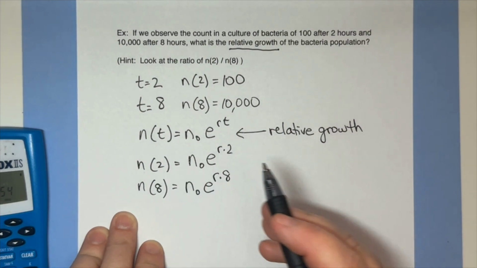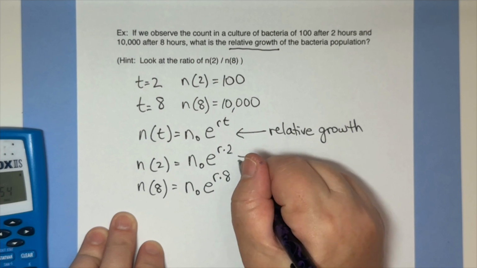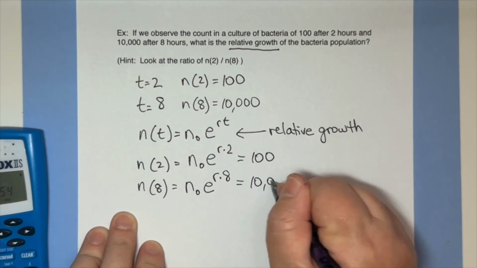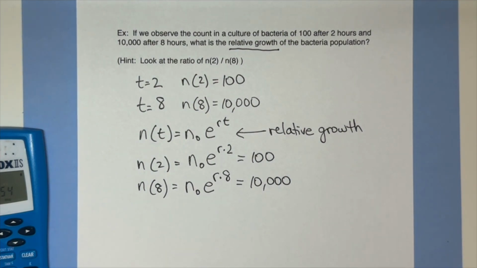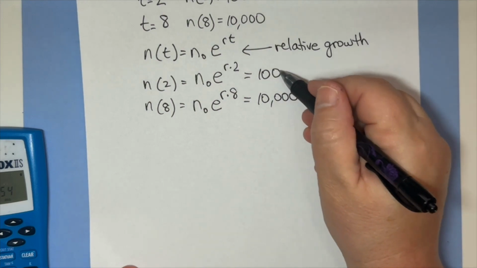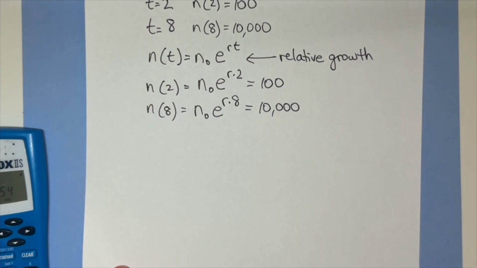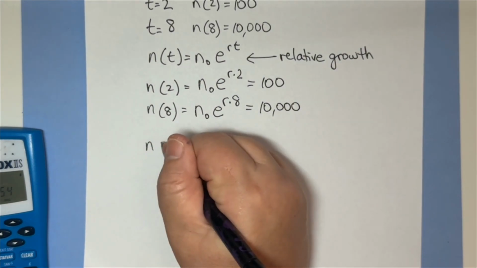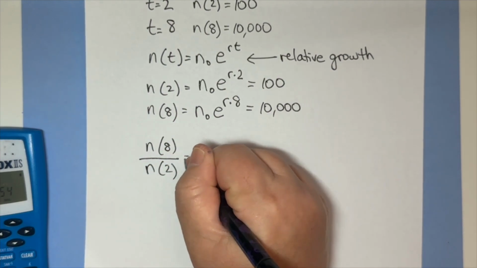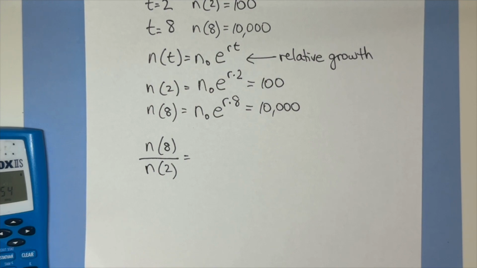Now we know N of 2 is going to be 100, and we know N of 8 is going to be 10,000. And this is the trick that we use all the time in math: when we know two different pieces of information like this, we're going to take the ratio. So I'm going to look at N of 8 compared with N of 2. Now, what does this allow me to do other than make a fraction?